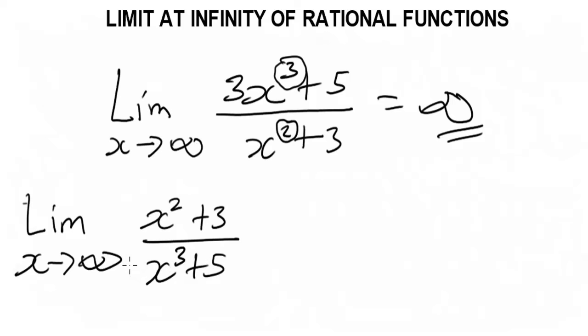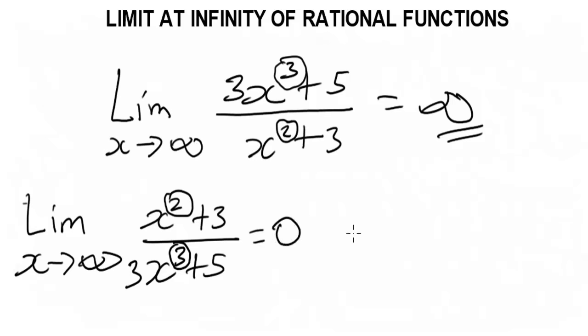Okay, wait, let me add 3 here. Now in this situation, you will see that the highest power of the denominator is higher than that of the numerator. At the denominator, we have the highest power to be 3, and in the numerator, the highest power is 2. So when the highest power of the denominator is greater than that of the numerator, the limit of the function is said to be 0. So it's as simple as that, guys.